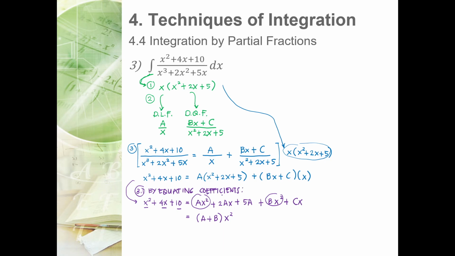Next is the x term: 2ax and then cx, so plus 2a plus c times x. And then the last term here is 5a, the constant.